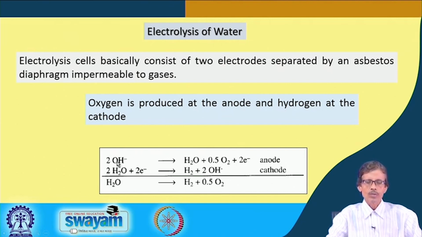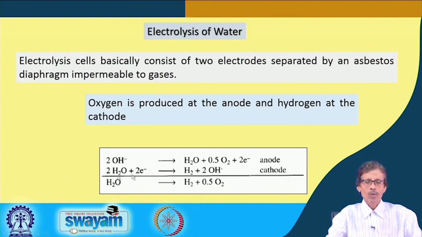For the anode, where the oxygen is produced, the reaction we can write for the electrolysis is from the hydroxide ions, because if we change the pH of the water, we can have alkaline media, otherwise we also have plenty of hydroxide ions. These hydroxide ions, when they give up electrons at the anode, give you the production of 0.5 mole of oxygen.